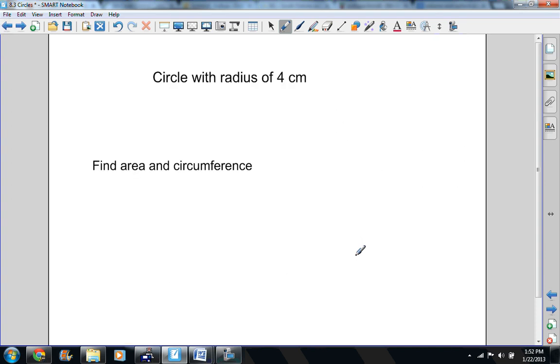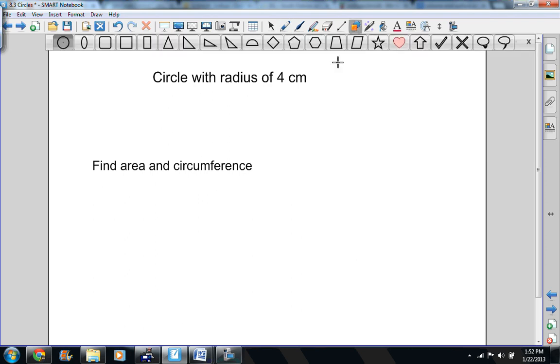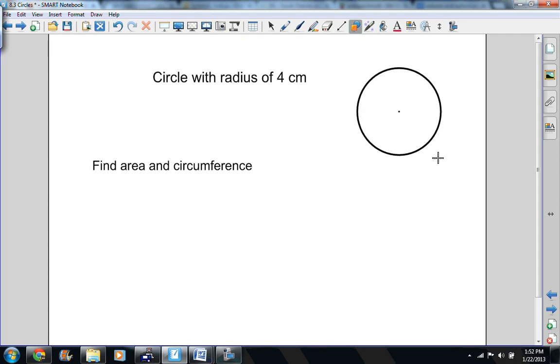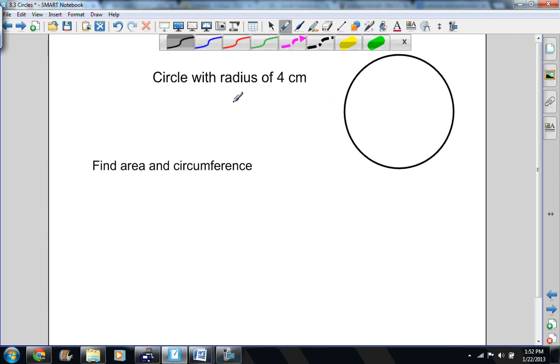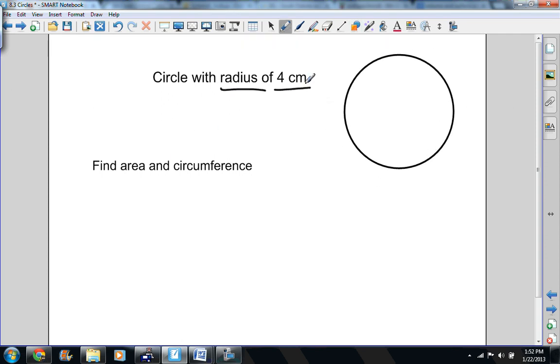Okay, now we got to work with something that's going to be a little bit different. It's a shape that we're told about, but we're not given. So I'm going to draw the shape. So here's a circle, and it says the radius is 4 centimeters. Alrighty.